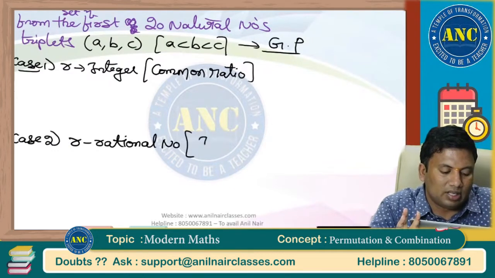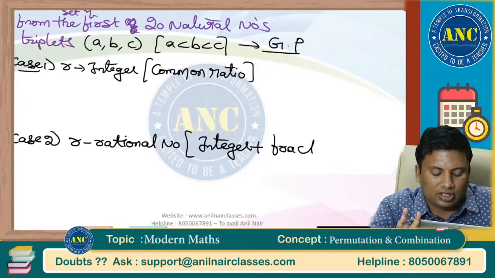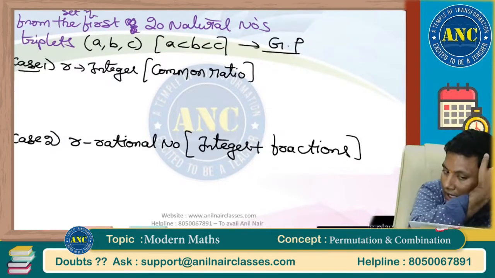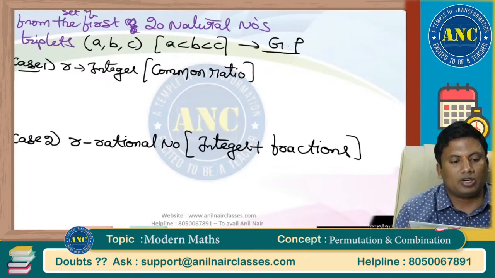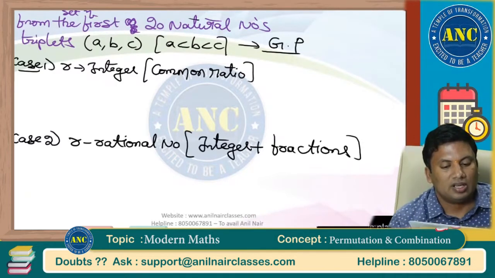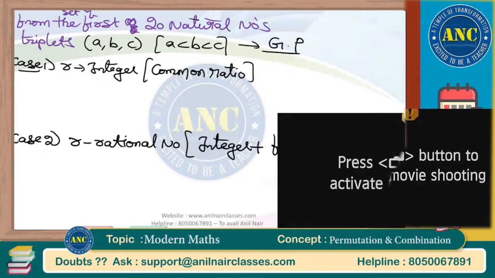Rational number is nothing but integer plus fraction. 2 cases we have to do. We only did for arithmetic progression. Let us do the same case for geometric progression. From the set of first 20 natural numbers, how many triplets can be chosen such that the triplets are in geometric progression? R is an integer, R is a rational number.